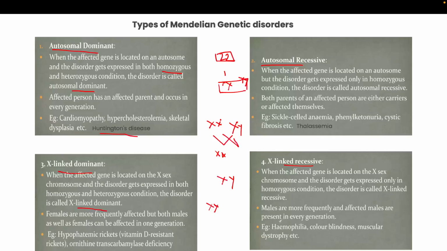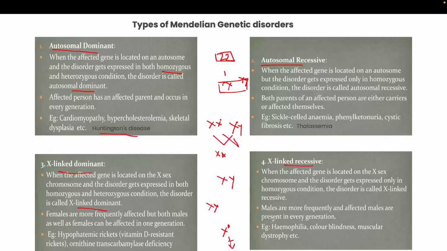Here the males are more frequently affected, and these affected males are present in every generation, because the particular X carrying the gene for this disorder is passed on in every generation, right? So if the male parent is affected, then the son will be affected in every generation.